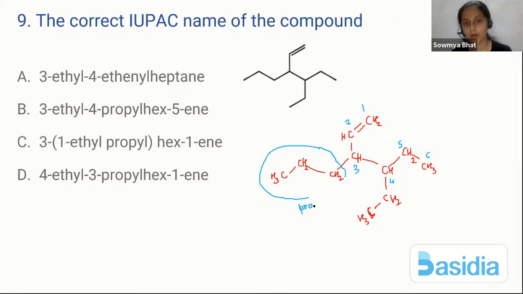So this should be propyl at the third position. And at the fourth position, you have ethyl group. There are 2 carbon atoms, so this should be ethyl group. But when you write the name, E comes first in the alphabetical order before P. So it's 4-ethyl and 3-propyl, hex-1-ene. So option D would be the right answer.